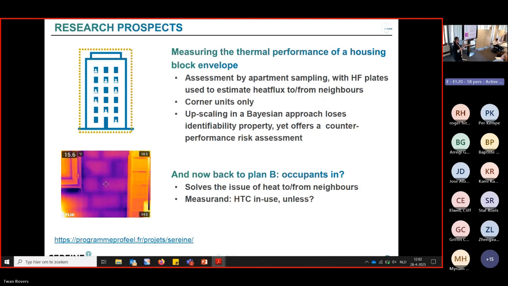The funders were okay with that answer, but we were not, because we were still a bit frustrated. And so plan B maybe would be to leave the occupants in and go towards in-use HTC measurements, which might in the end be as good as the solution we found. And that would be it.